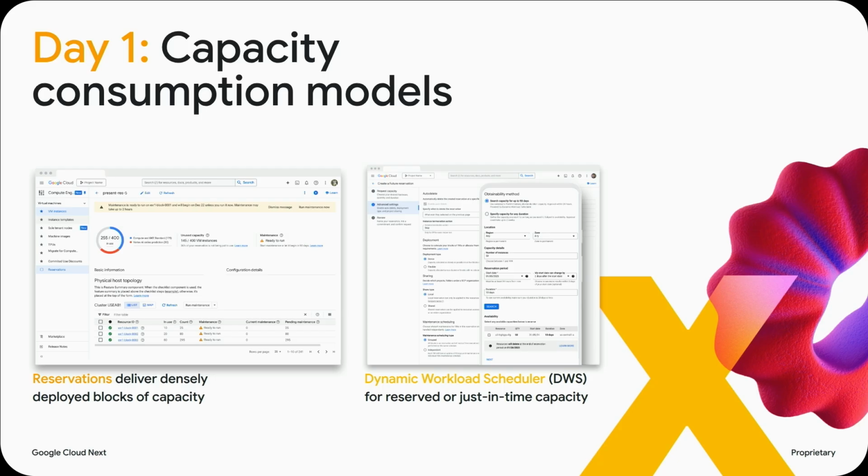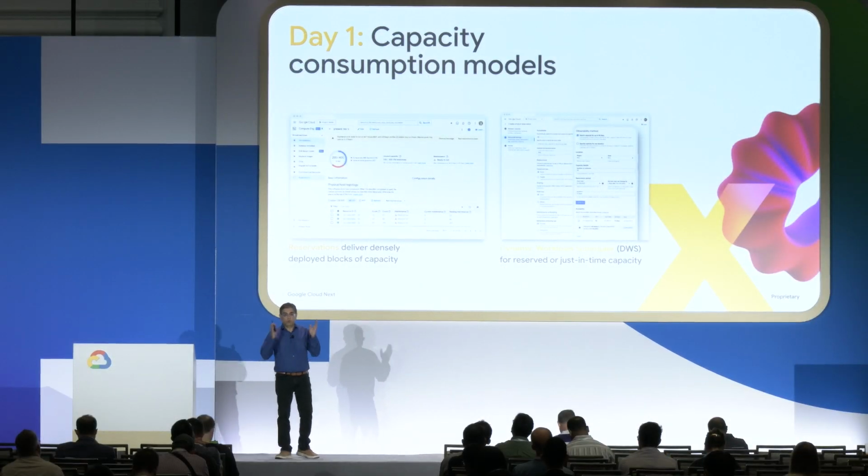But not all workloads need long-term reservations. So for that, we offer a solution called Dynamic Workload Scheduler. The Dynamic Workload Scheduler has two flavors to it. One is the Flex Start mode, which is designed to make sure that you can get the capacity over a certain prescribed number of days. So let's say you say, I want this capacity over 7 days.